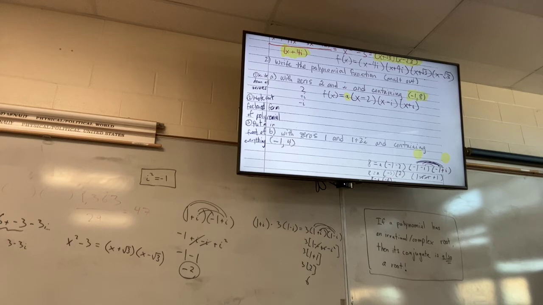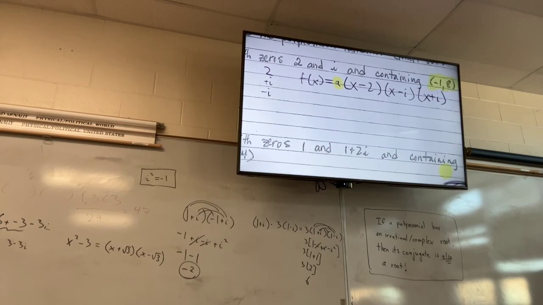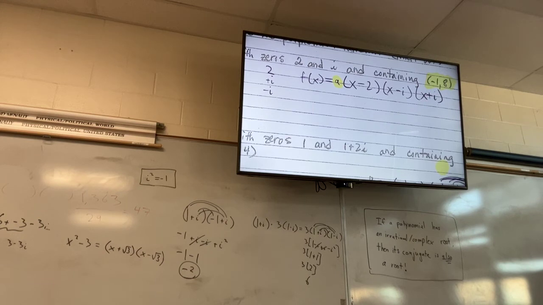So the way we do that is we put a little multiplier right here, a. And then to find it, we plug in 8 for f of x and keep a there, and negative 1 for x. This becomes 8 equals a times negative 3 times the product of negative 1 plus i and negative 1 minus i.